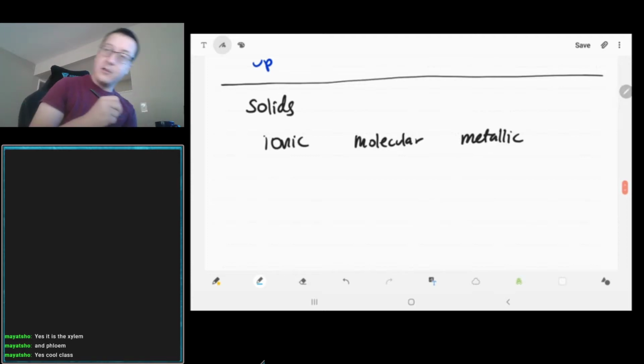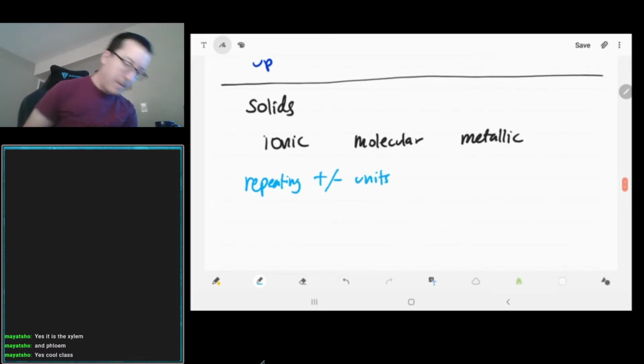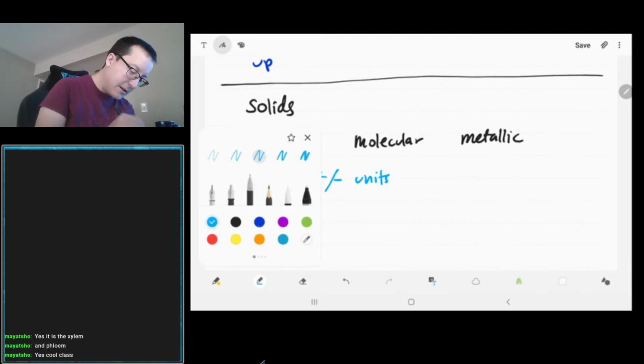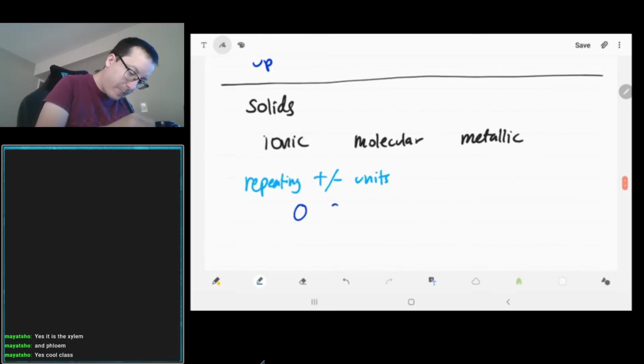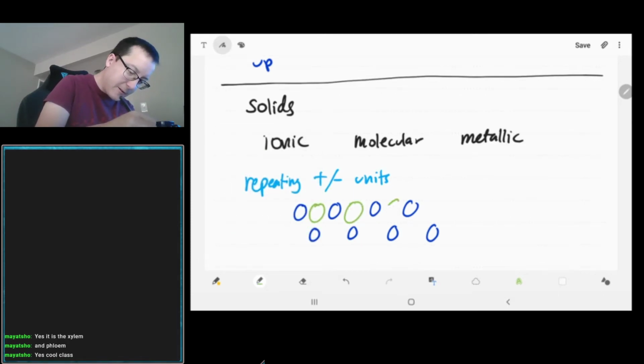So we'll do those first. Those would be something like repeating units where they have just repeating plus and minus units. So here's our sodium chloride.